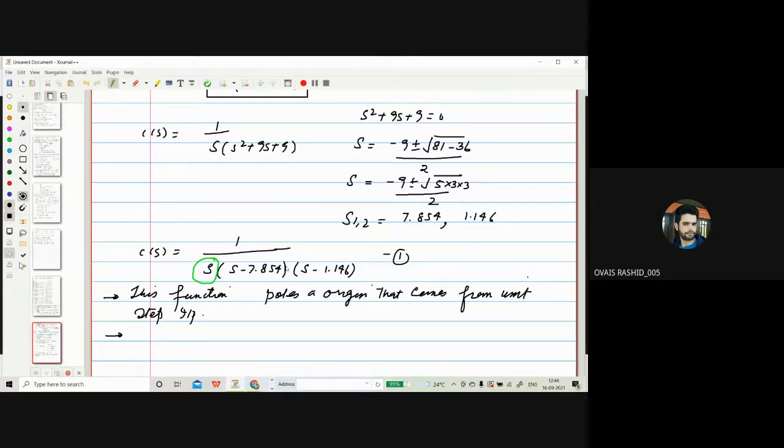So minus 1.46, yes, minus 1.46. Okay, no problem. It is minus 9 minus something. Minus, sir. Okay, no problem. But still they are real. It's a negative real axis. The roots are still real. I'm not worried about the calculation right now. I'm worried about the physical interpretation right now.